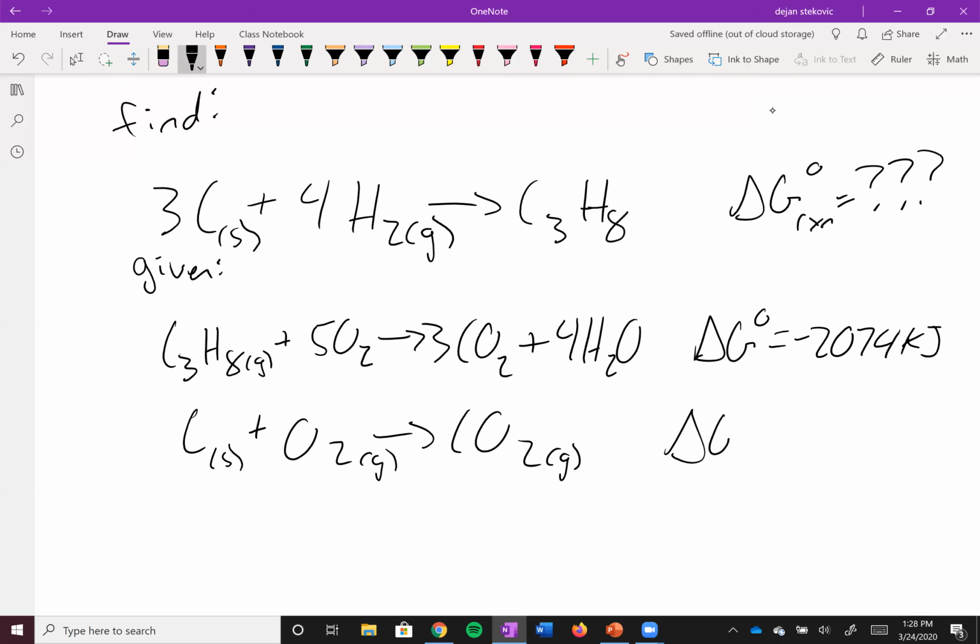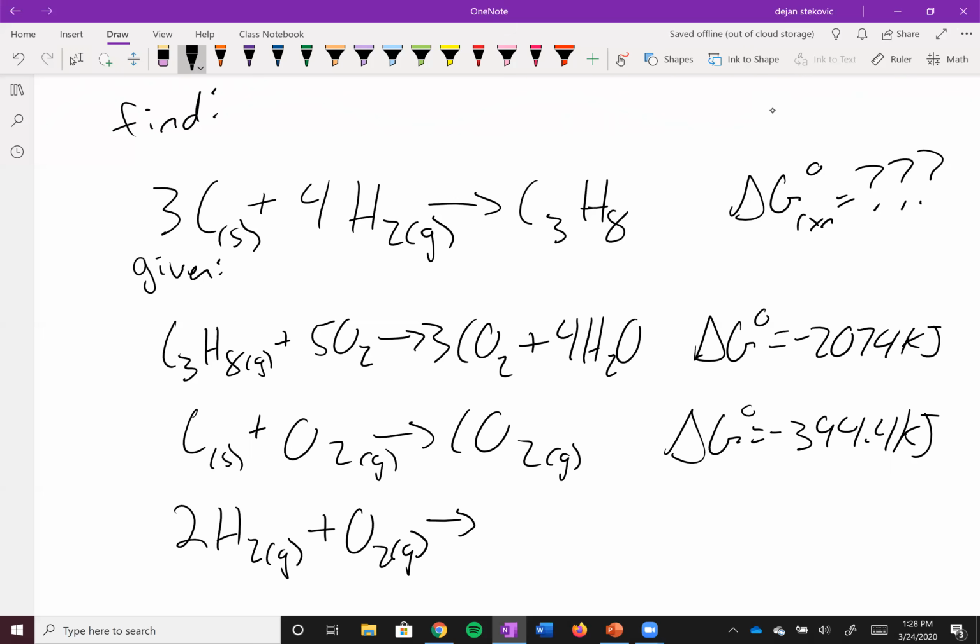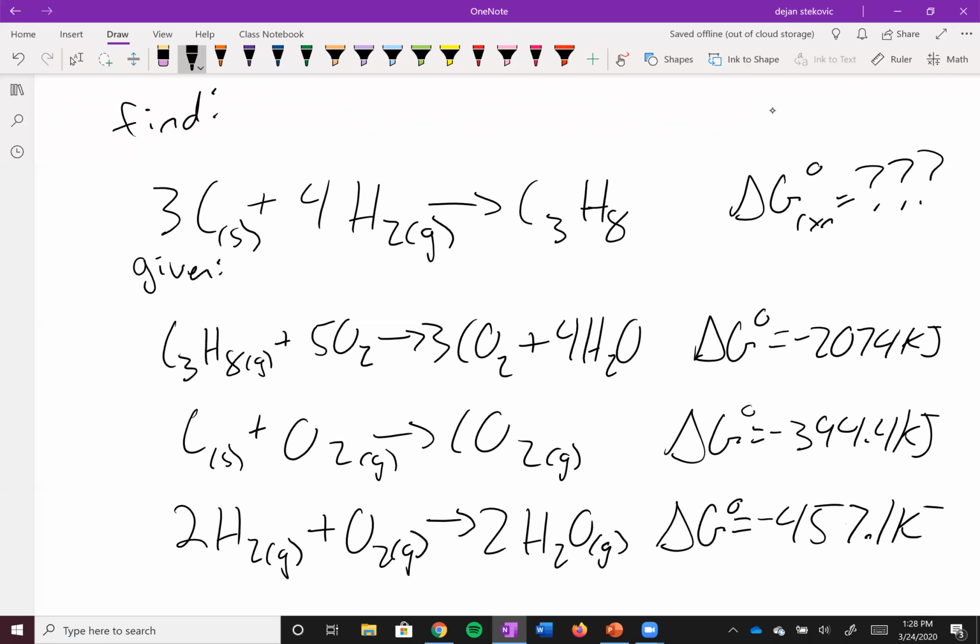This delta G is negative 394.4 kilojoules. And then finally, we have that hydrogen plus oxygen gives us water. This delta G is equal to negative 457.1 kilojoules.